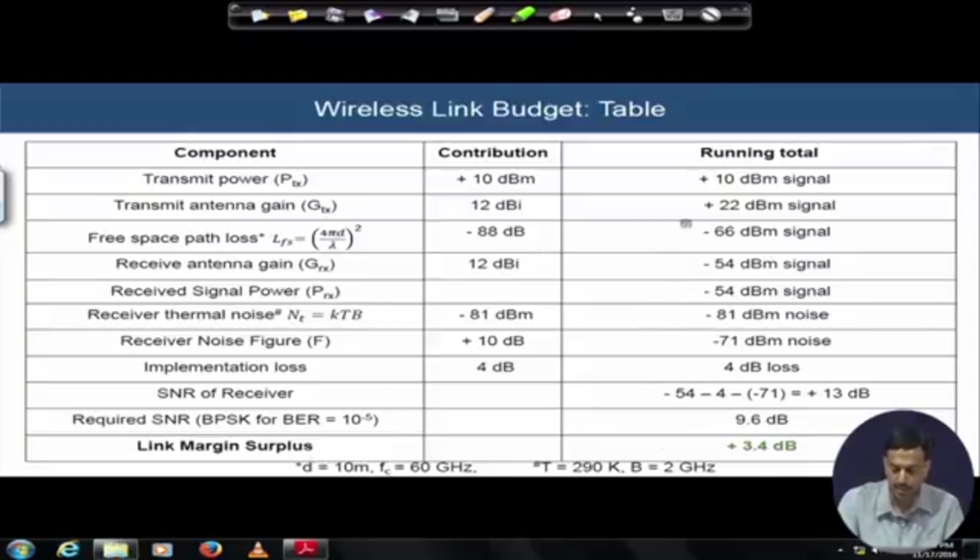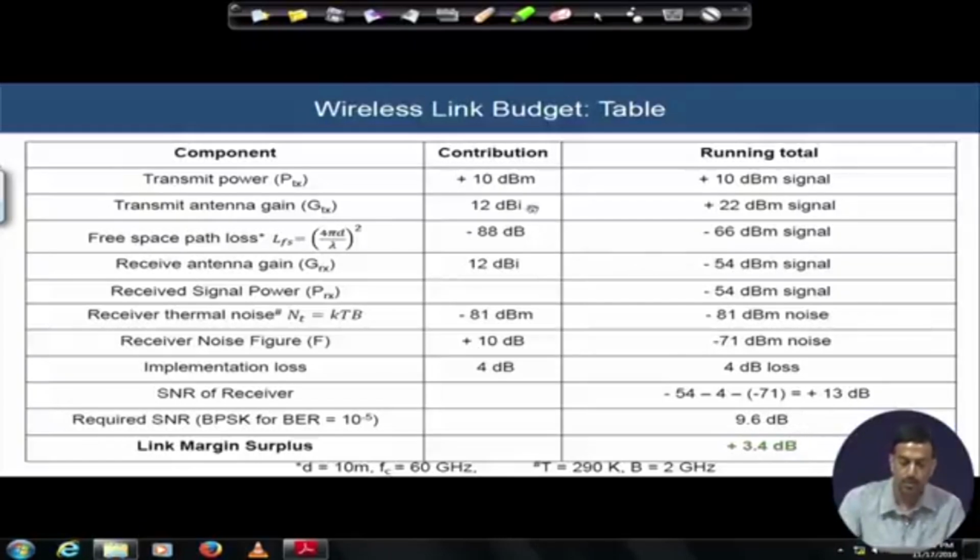You can clearly see the effect over here that the running total for the signal now turns out to be minus 54 dBm, and the noise value remains the same, and so does the implementation loss. Since the signal power has now improved because of the transmitter and receiver antenna gains, we have a surplus link margin of about 3.4 dB.